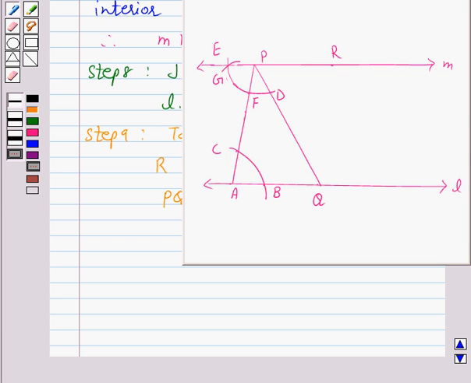Now here again we will use the same steps as we have used to draw a line M parallel to L. Now we will take P as center and with the convenient radius draw an arc cutting M at H and PQ at I. Now with R as center and with the same radius, draw an arc JK.